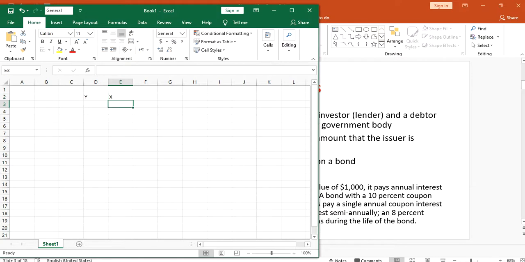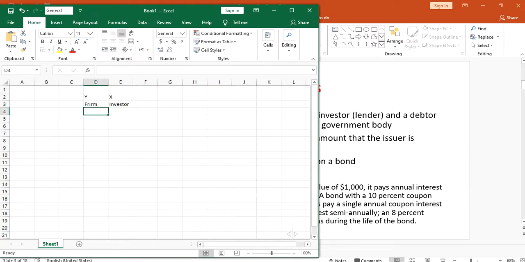Typically this can be a firm, and this can be an investor.